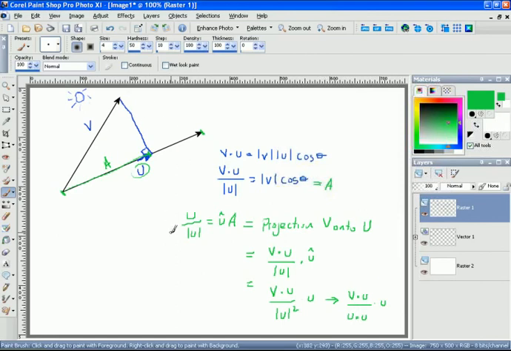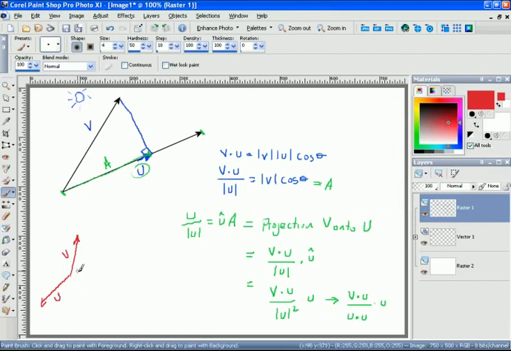So using this formula, you can now find the projection of any vector on top of any other vector, and it doesn't matter its orientation. u could be pointing in one direction, v could be pointing in another direction, and you still get the proper projection value. So for instance, let's say we had one vector pointing this way, and we'll call this v, and we had another vector pointing this way, we'll call this u.